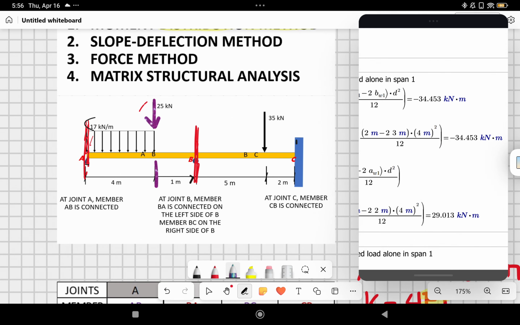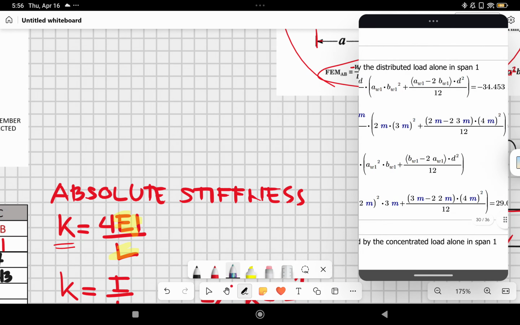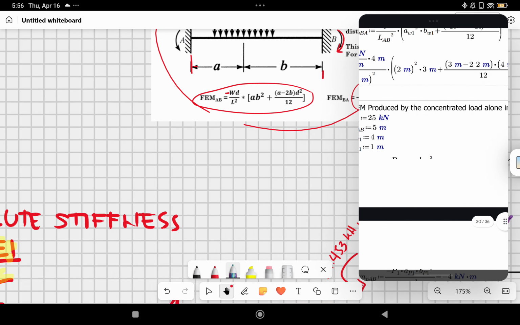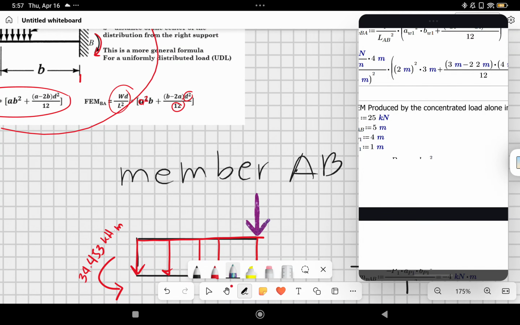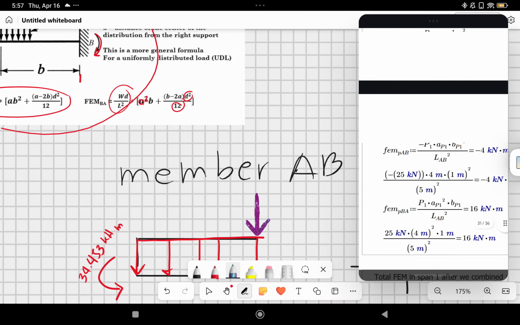So A is 4, B is 1 for the 25. Okay? So if we compute that, I have it here. Produced by the concentrated force. So that is PAB squared over L squared na putol lang.